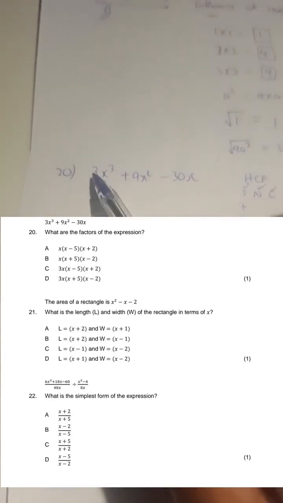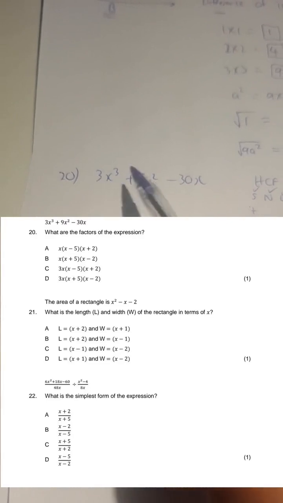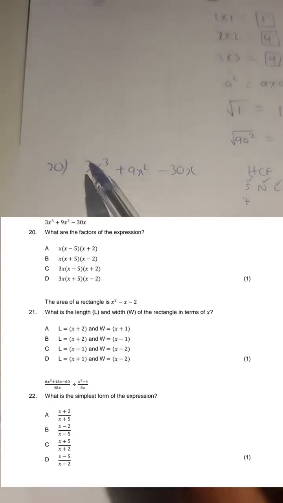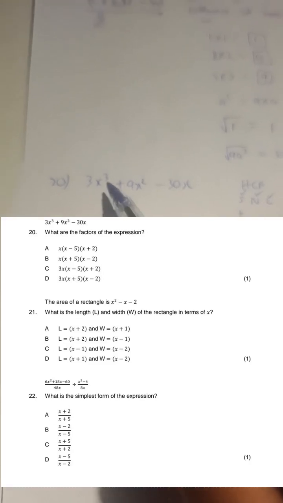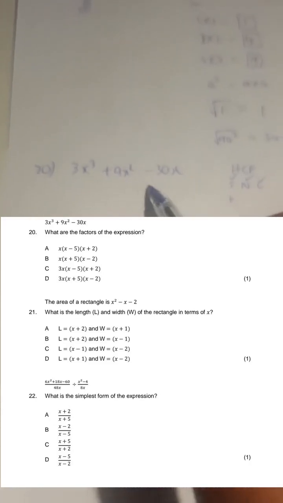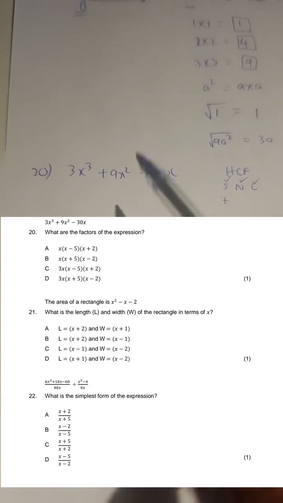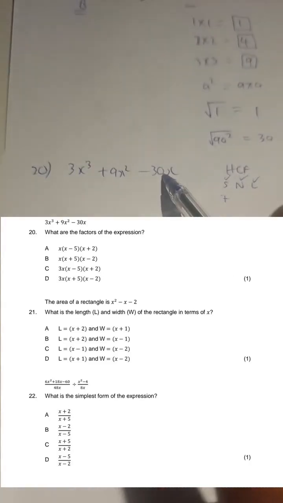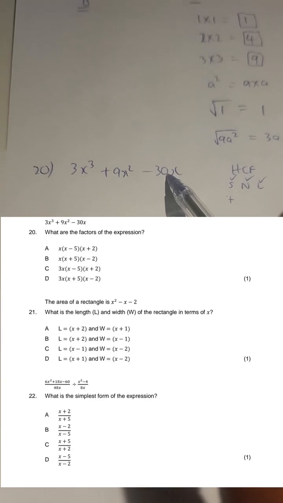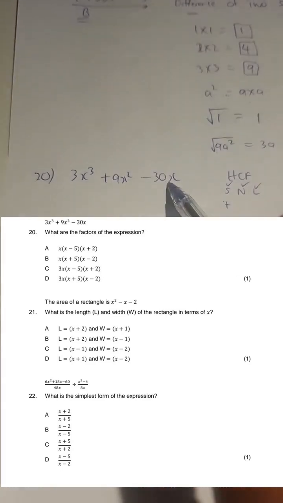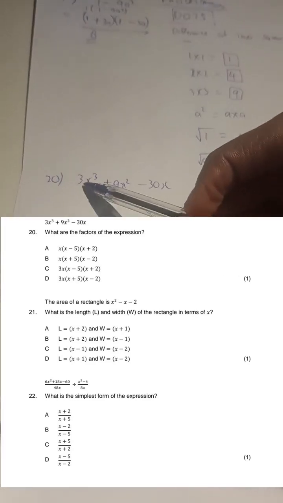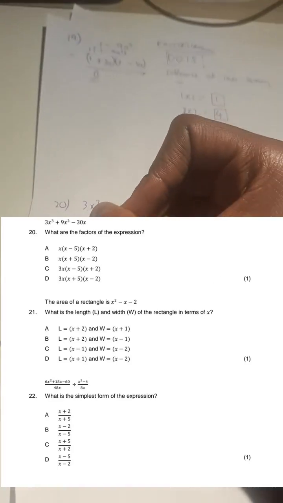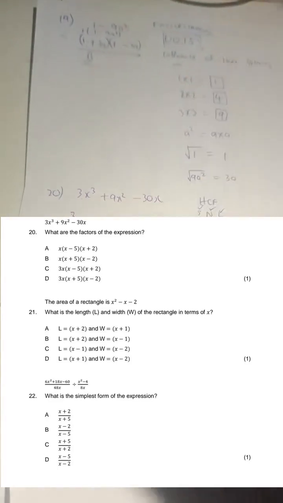Let's go to number. Highest common factor number between 3, 9, and 30. What is the highest common factor number? The number that goes into 3, that goes into 9, that goes into 30. The highest number that goes into all of these numbers is what? It is 3. But it is 3, guys.